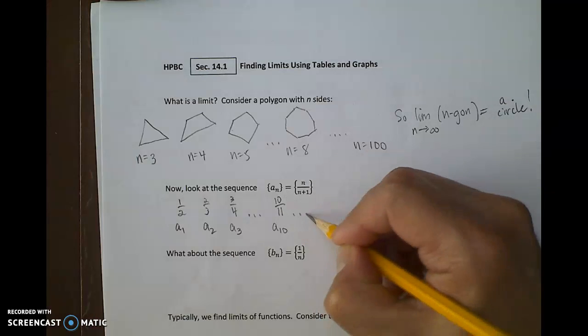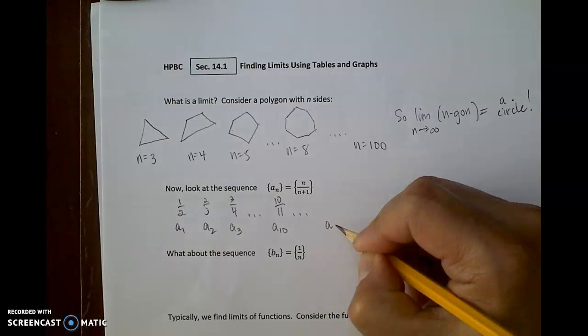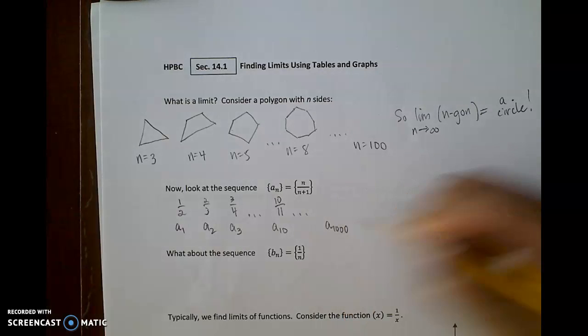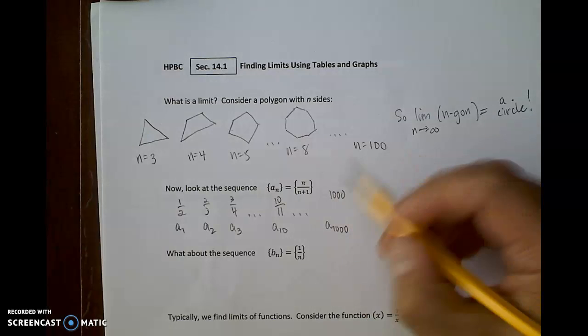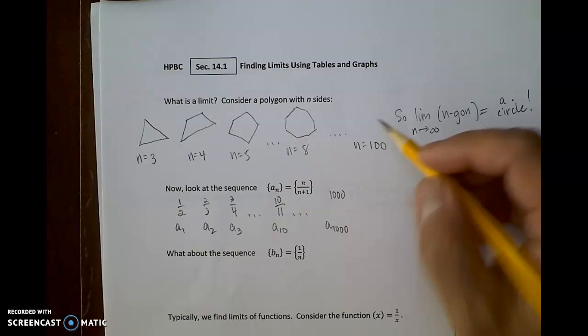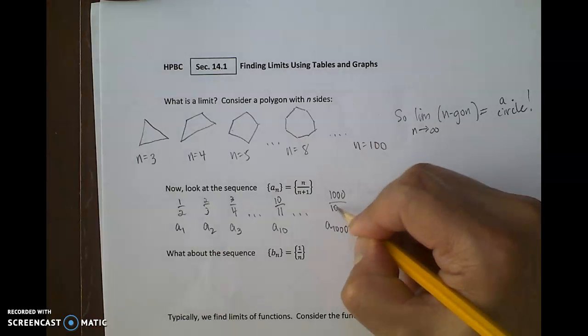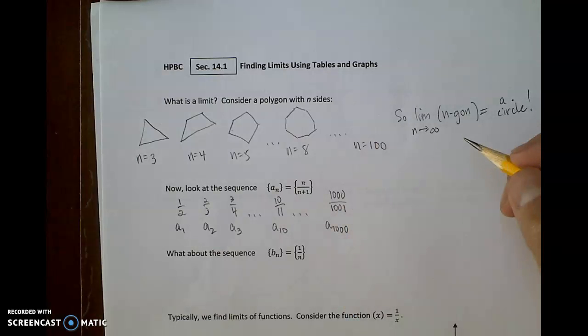If I skipped all the way over to the 1,000th term, the value of the 1,000th term defined by this expression would be 1,000/1,001.